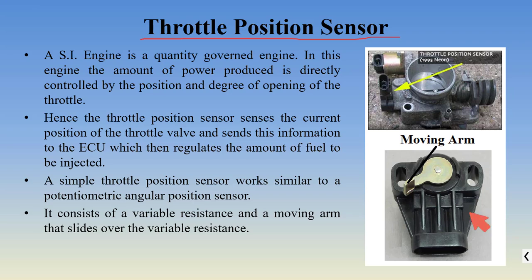So how does the throttle position sensor work? See, throttle position sensor, and for that matter all sensors, work on the basic principle of voltage divider. Okay, first I will explain to you what voltage divider is. This is not necessary from an exam point of view, but voltage divider will be required in your future. Definitely it will be required. What does a voltage divider circuit do?